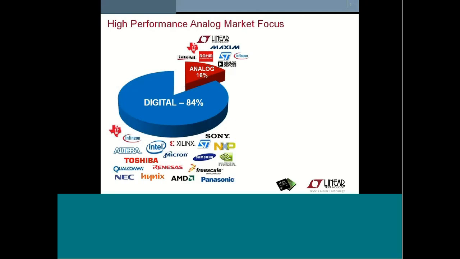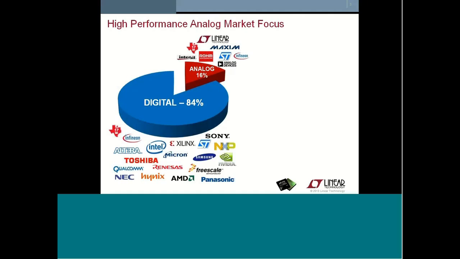Today, analog is about 17% of the $250 billion integrated circuit market. We have listed a number of the largest suppliers in both the analog space and the digital space on this slide. As shown on the graph, there are more companies that focus on digital products, and most of them use similar processes in production.